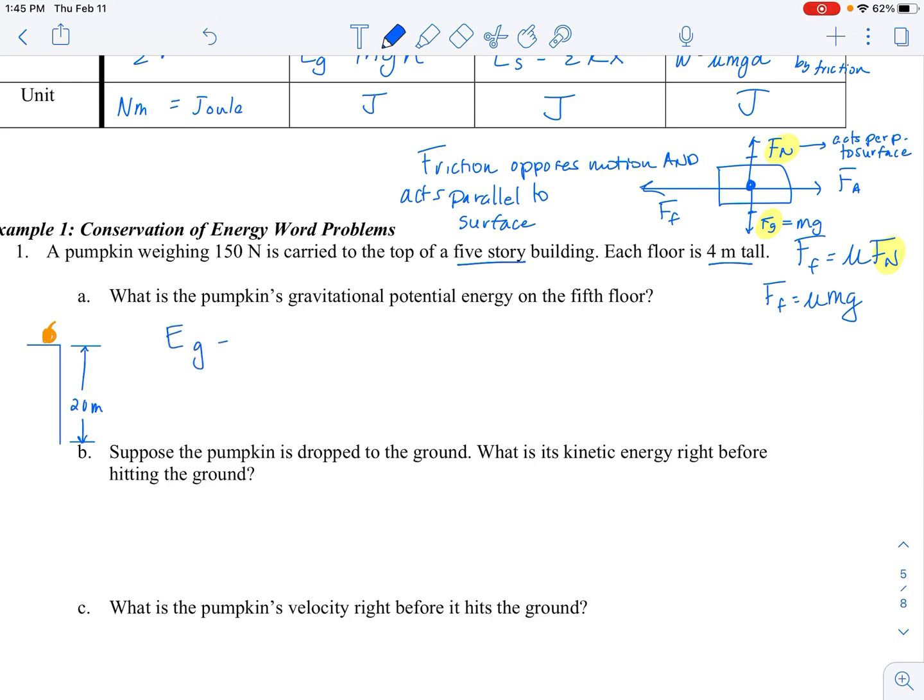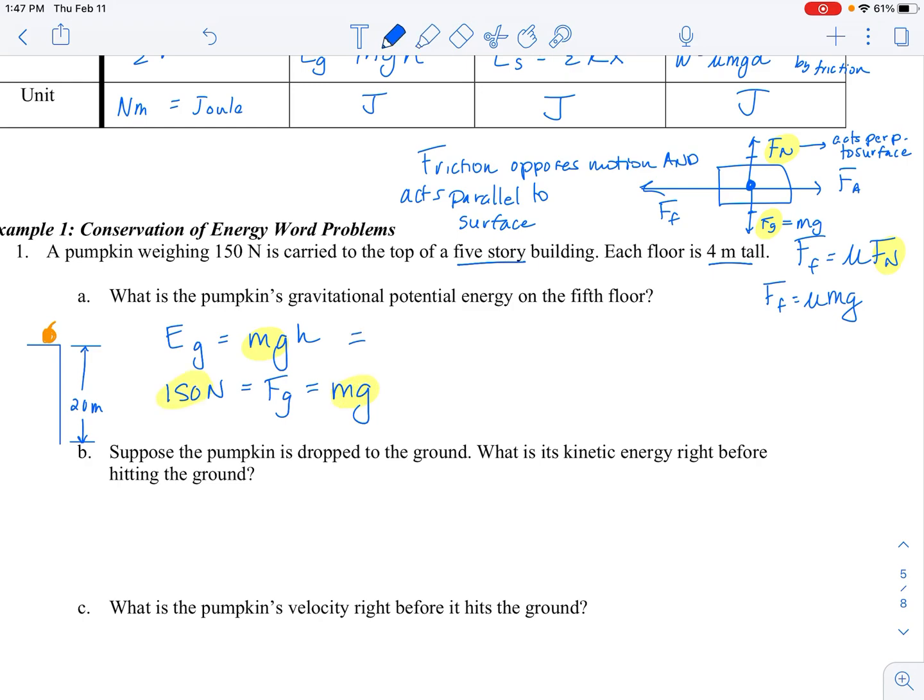Gravitational potential energy, the formula is mgh, and 150 newtons is the gravitational force, which is mg. So I can make a substitution. Mg is 150.